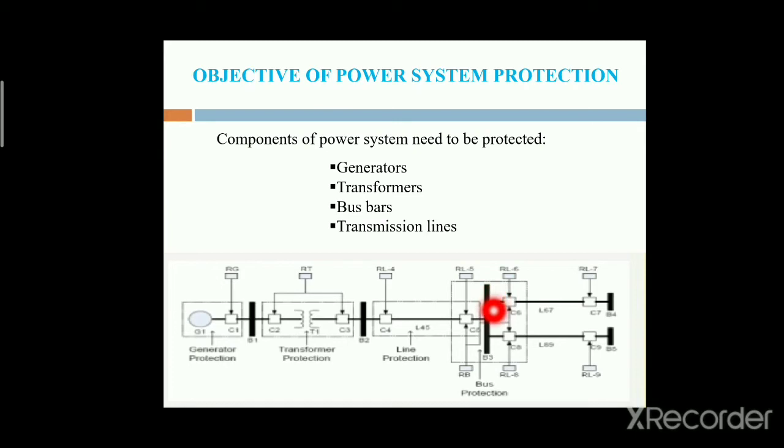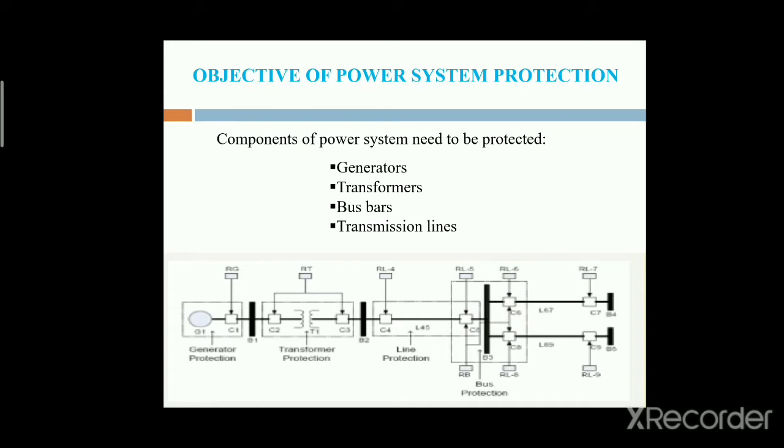In this case we are using a separate protection for the bus bars. That relay is called the bus bar relay. These are the various components of a power system that need to be protected.